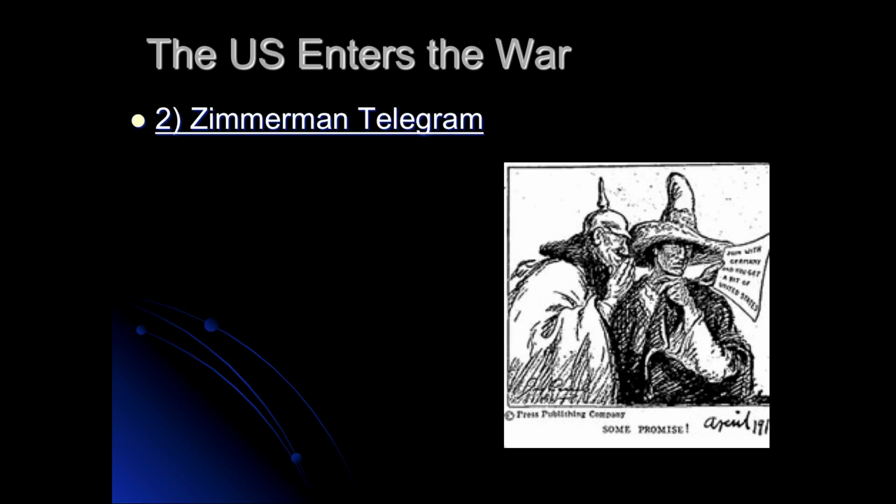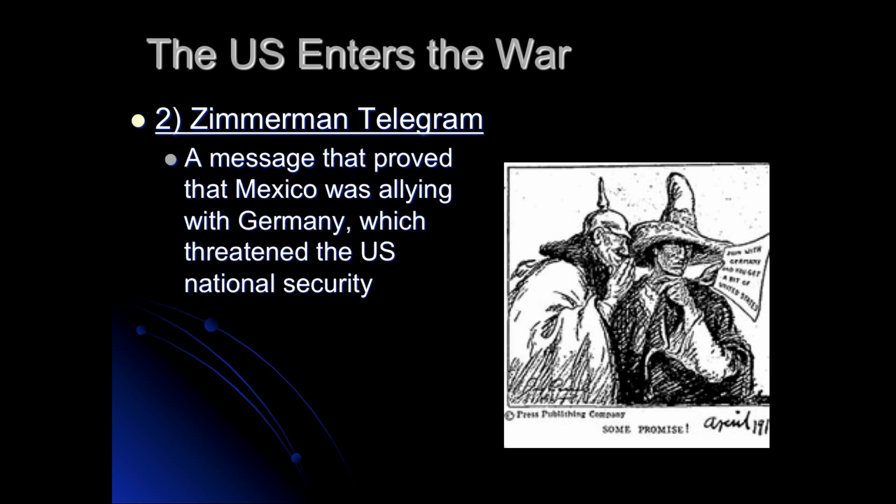The second reason that America gets involved is the Zimmermann telegram. This is a message that proves that Germany was seeking to ally with Mexico, which threatened the U.S. national security. We had always suspected that the Mexicans and the Germans were friends, and there's a lot of culture mixed between the two: brass instruments, alcohol, beer, and also the accordion.